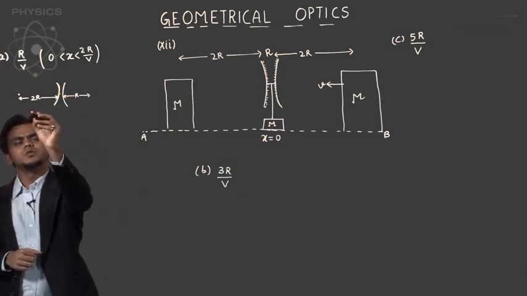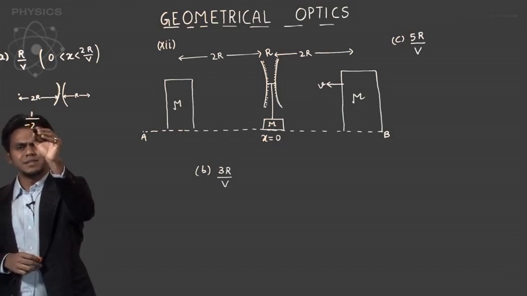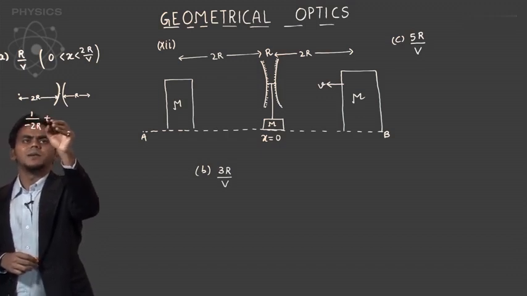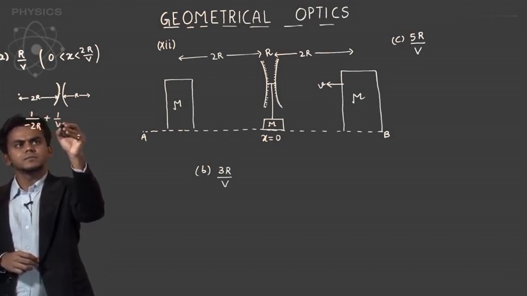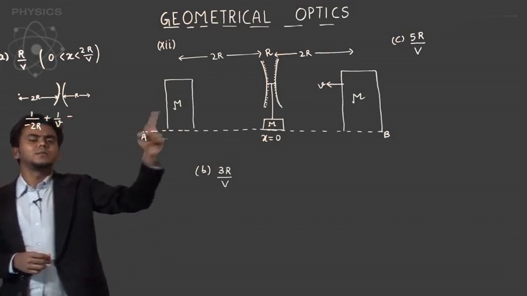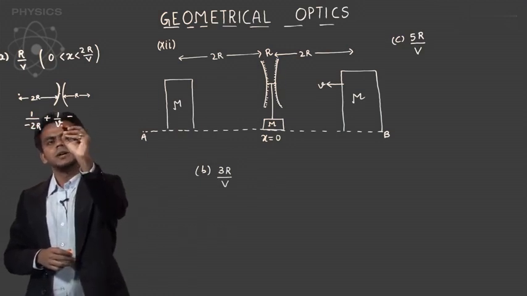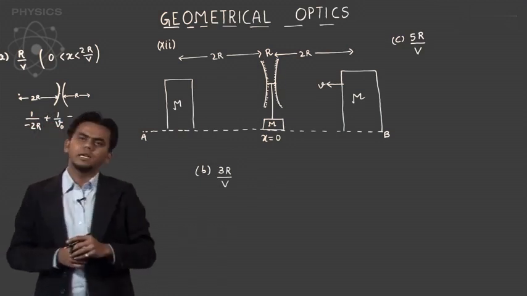Let's use that: 1 by minus 2r plus 1 by v. This v is different from that v, so I'll use a different notation. I'll use v naught for this, which denotes the image distance.